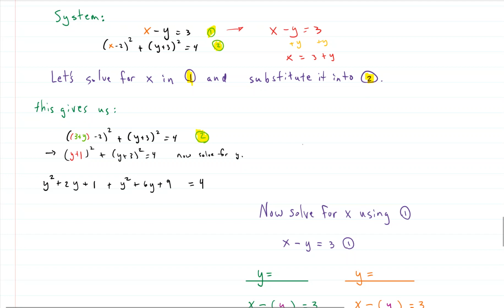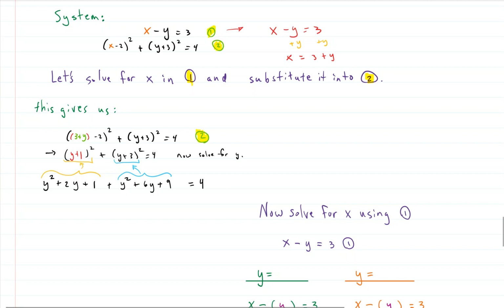So just to make sure we know where these things are coming from, the y squared plus 6y plus 9 came from the (y plus 3) quantity squared when you multiply that out. And the y squared plus 2y plus 1 came from the (y plus 1) quantity squared.